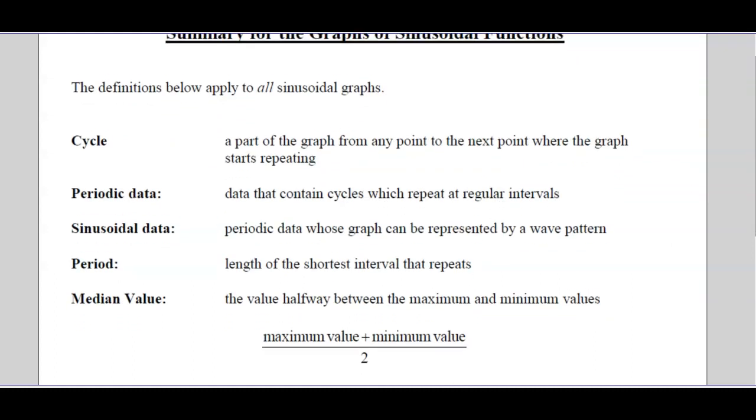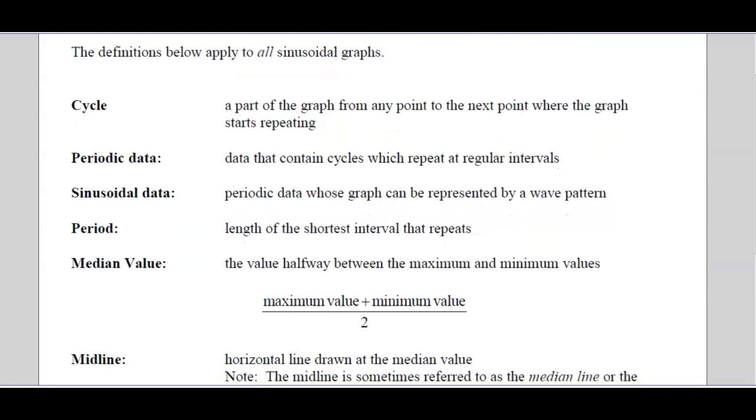There's a summary of what we've talked about. Cycle is basically the part of the graph that is repeating. Periodic data contains cycles, which repeat. Sinusoidal data is periodic, whose graph can be represented by that wave pattern.